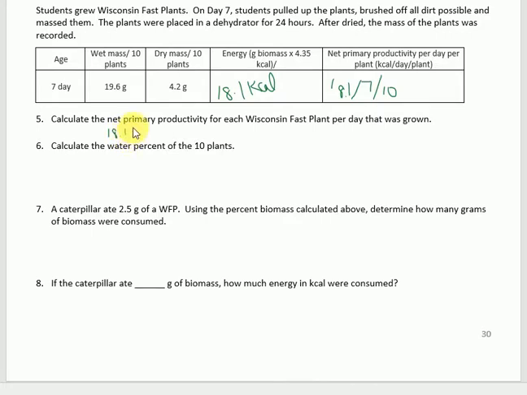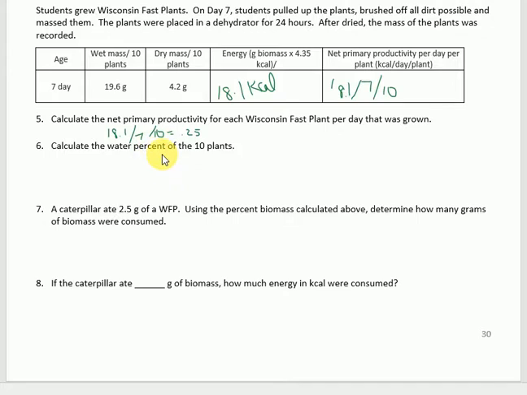We're going to divide that by 7, and divide that by 10 plants. So we are looking at 0.25 kilocalories per day per plant. Do not forget your units.